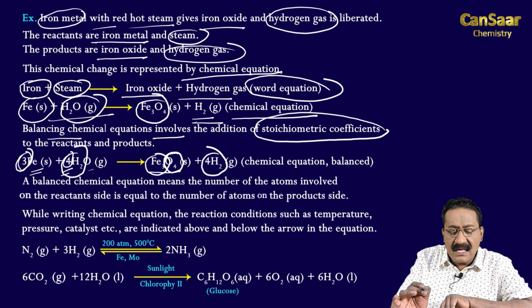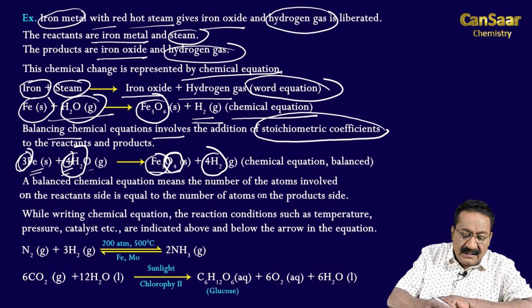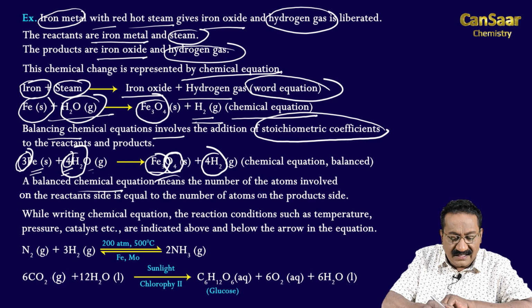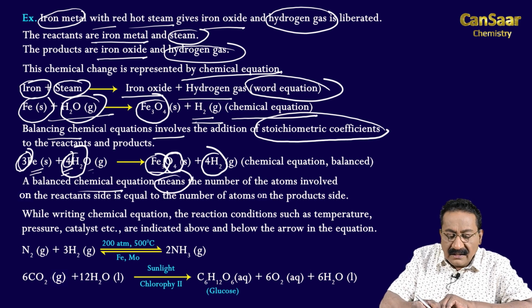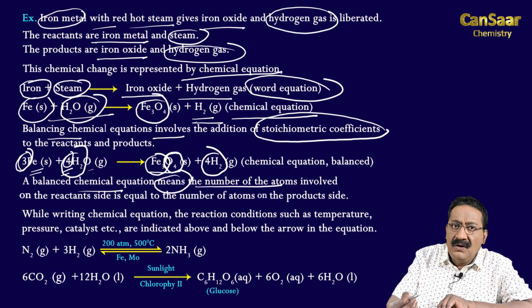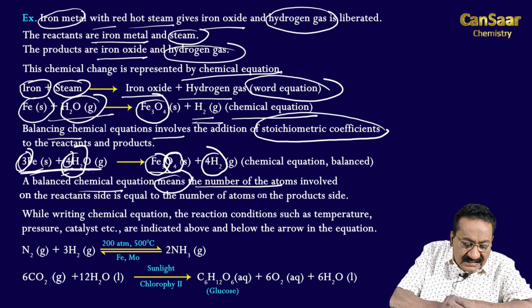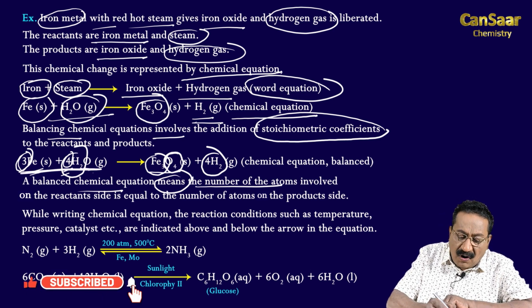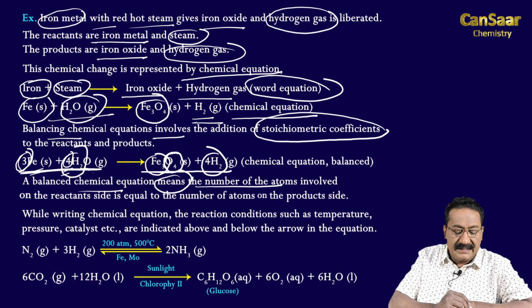Chemical equation is balanced. A balanced chemical equation, what exactly does it mean, as what we have done: the number of atoms involved on the reactant side is equal to the number of atoms produced on the product side.